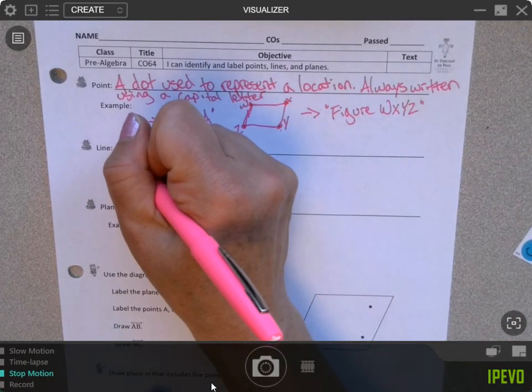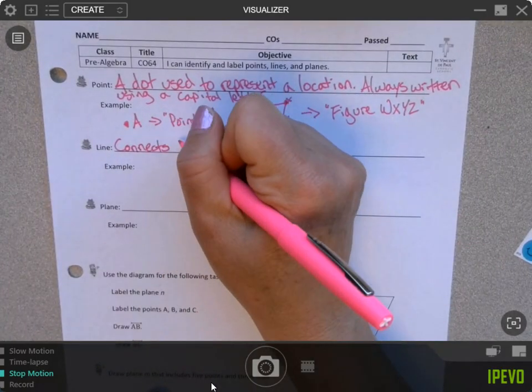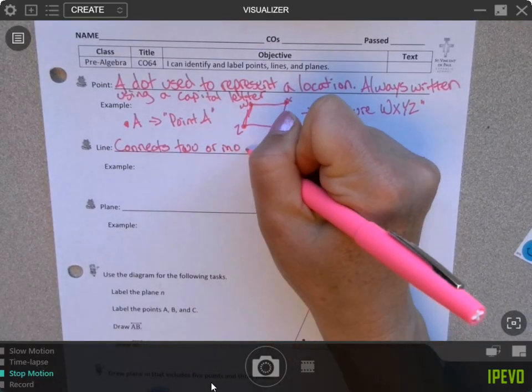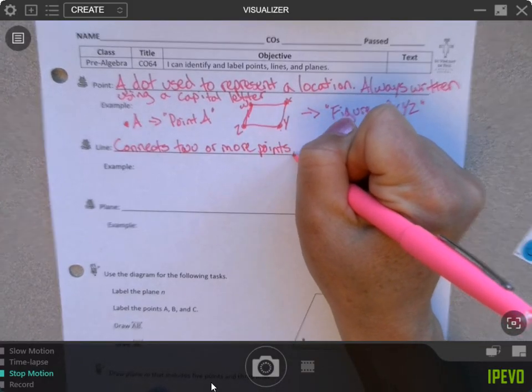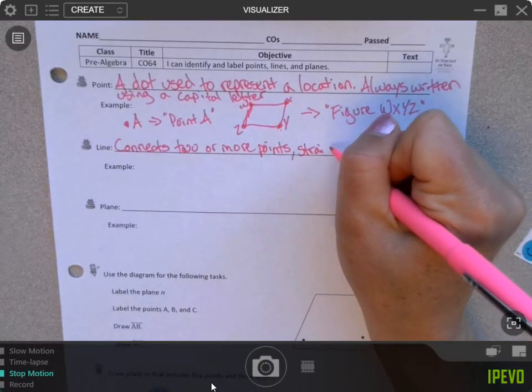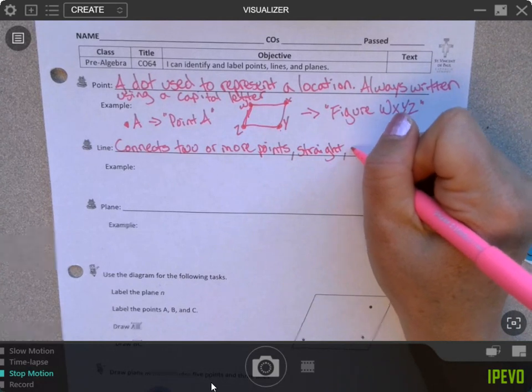And a line connects two or more points. It's always straight. Lines don't curve. It goes on forever.